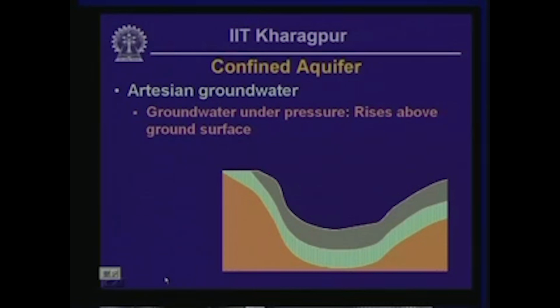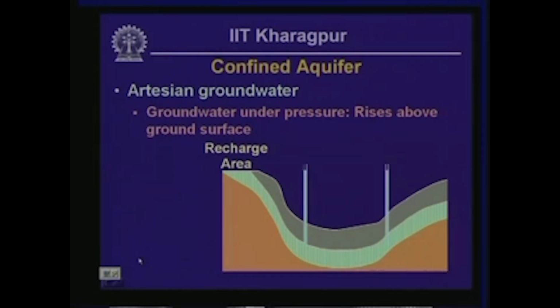You just notice now that the aquifer is exposed to the surface on the left flank of this particular valley upslope, and this is the location from where the aquifer is going to receive groundwater recharge.